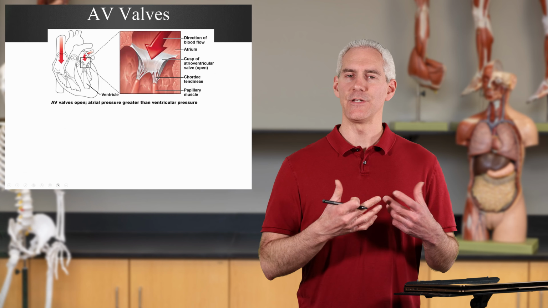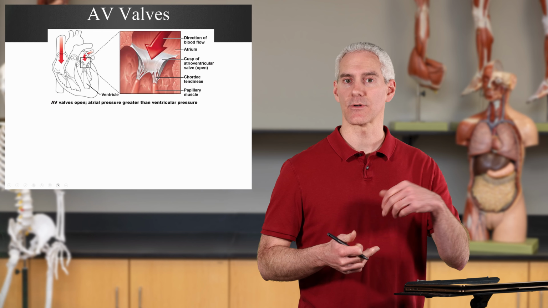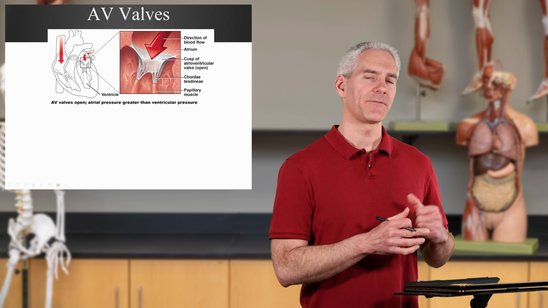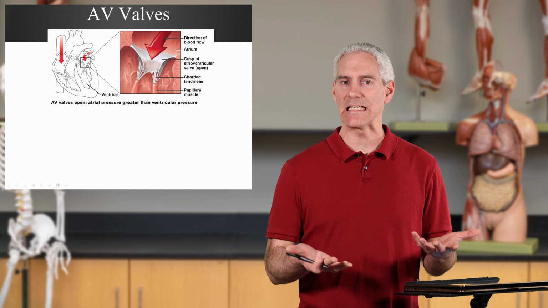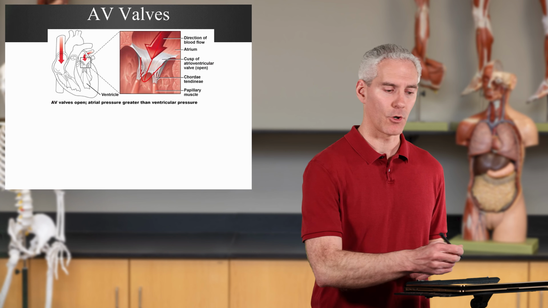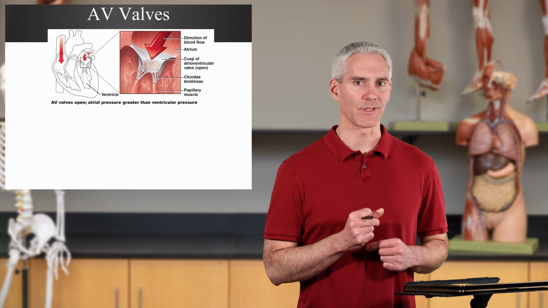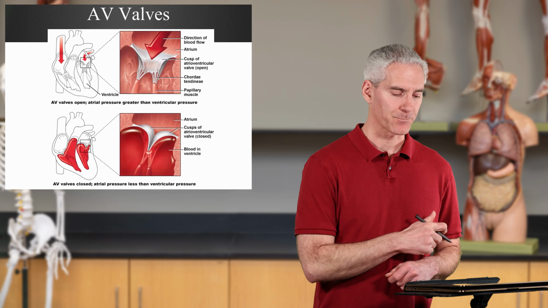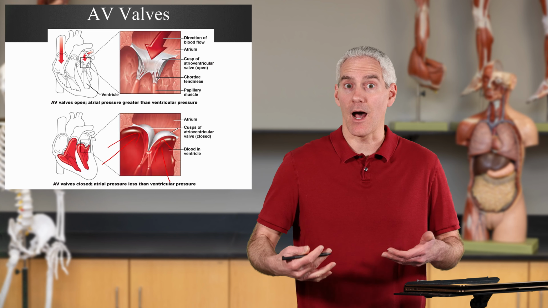And just to get a better visualization of how these different AV valves work, the bicuspid and tricuspid. When the blood is flowing from the atria down to the ventricle, the vast majority of that is passive. The blood just flows on through, no problem. The valves are open. But once that ventricle starts to contract, you'll notice the blood is then being pushed back upwards.